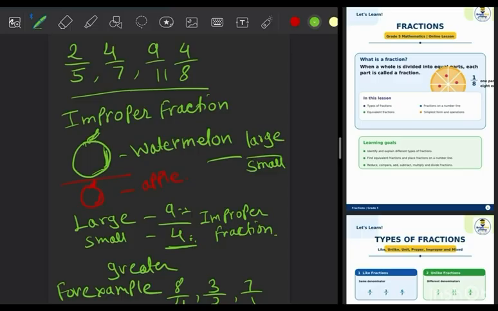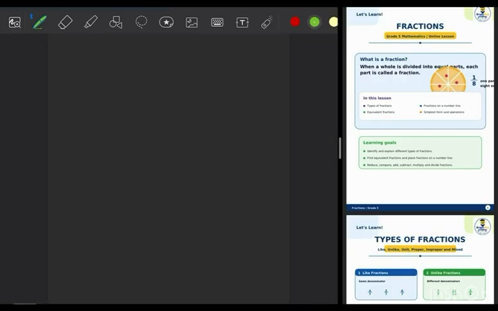Hope you understood this also. So now let's understand what a mixed fraction is. A mixed fraction has two parts: a whole number followed by a proper fraction.